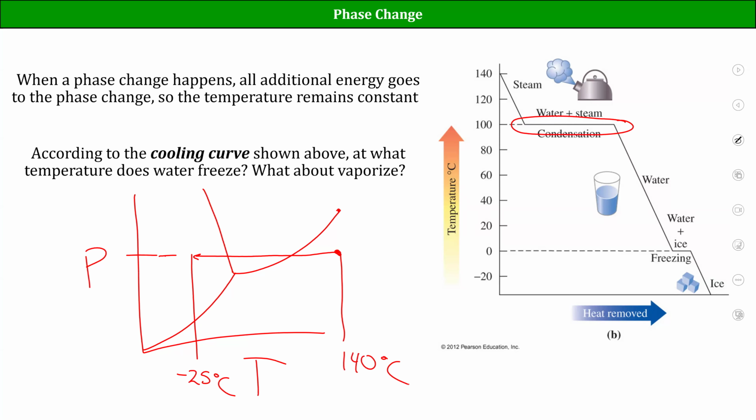So even though, yes, some of our water is not staying at 100 Celsius, if we're trying to get the total amount of energy for these changes, we treat it like it's all going to stay the same. And if it's well mixed, it will all stay at the same temperature. The only time you get a temperature gradient is when it's not well mixed.